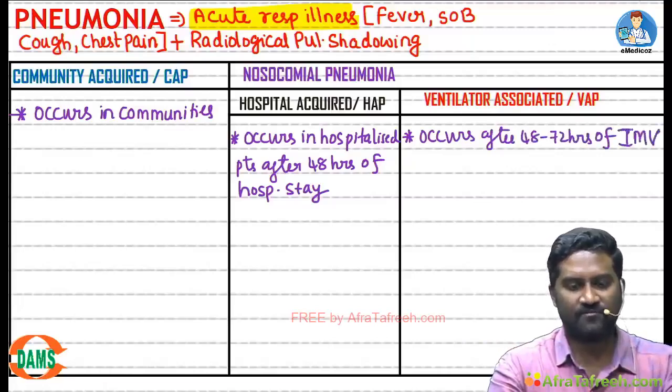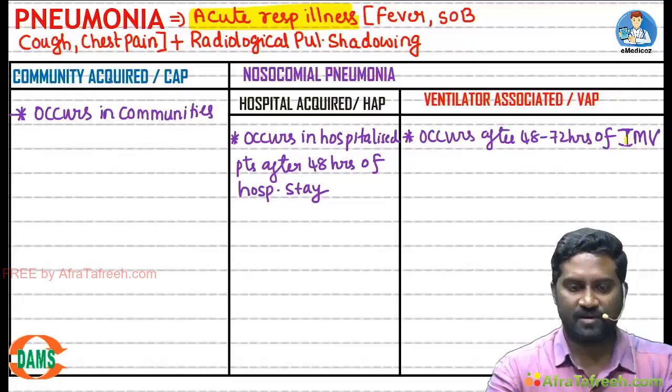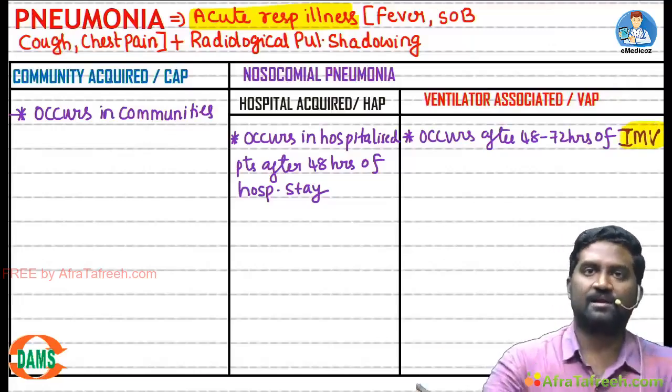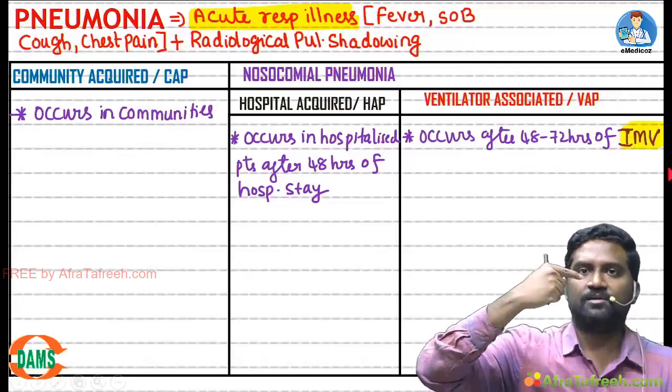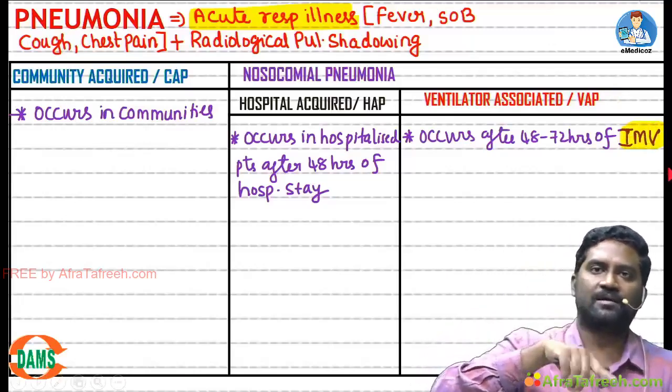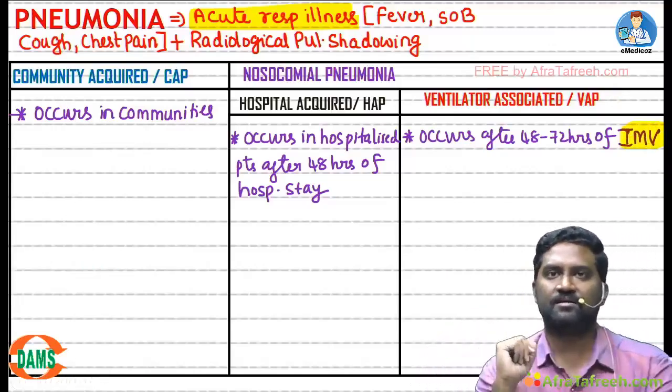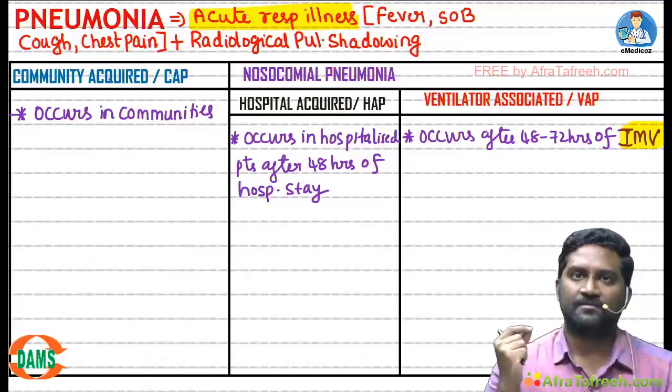IMV. What is IMV, students? Invasive mechanical ventilation. Invasive mechanical ventilation means you put a tube into the trachea and give ventilation. Ventilator associated pneumonia occurs after 48 to 72 hours of invasive mechanical ventilation.